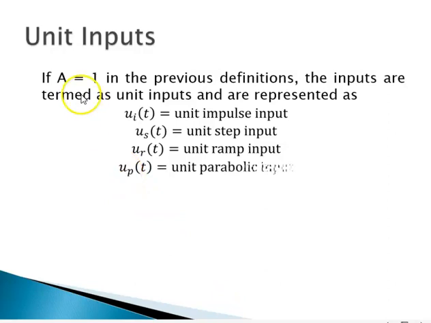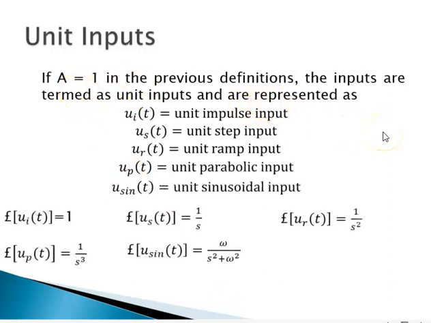As mentioned already, if A is equal to 1, these inputs are termed as unit inputs. So when A is equal to 1, it is unit impulse input represented by Ui. When A is equal to 1 in a step input, it is unit step input represented by Us, unit ramp input represented by Ur, unit parabolic input represented by Up, and unit sinusoidal input represented by Usin.